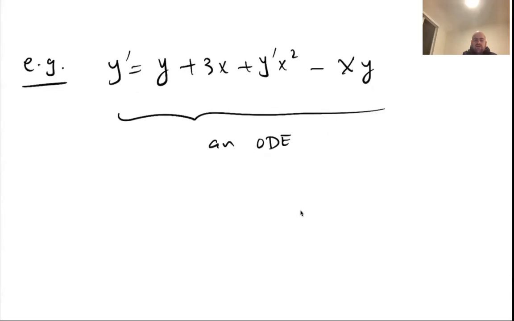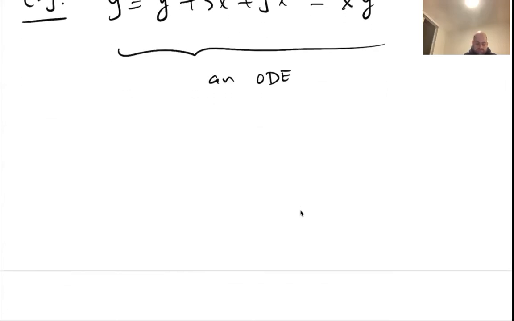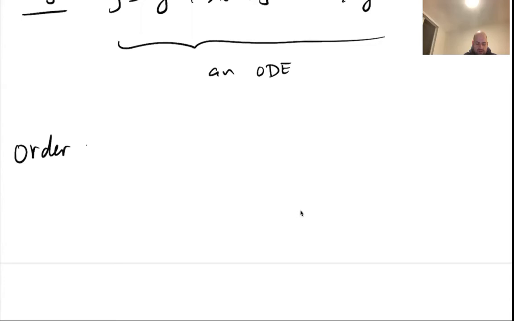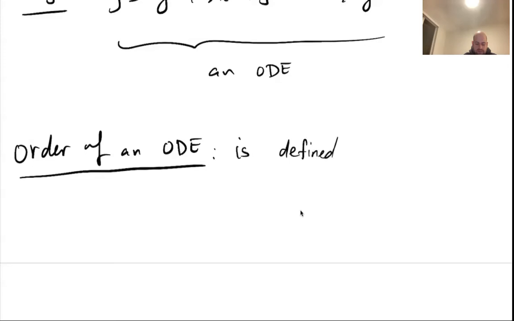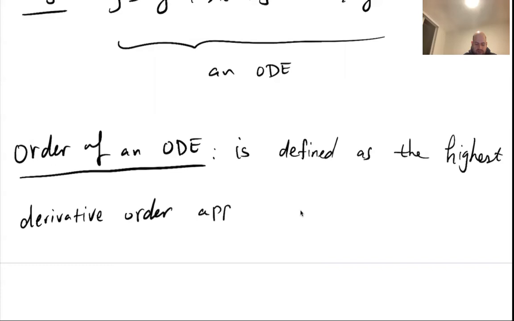Now, in ODEs there are a few important features. One important feature is the order of an ODE. The order of an ODE is defined as the highest derivative order appearing in that ODE.